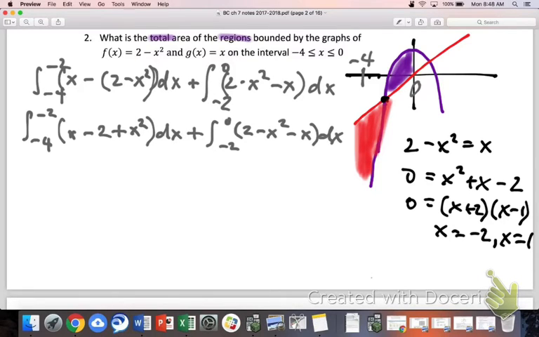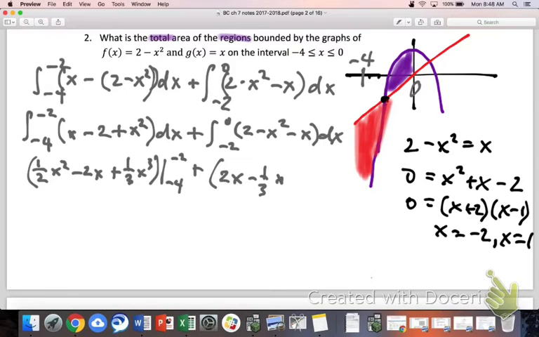I rewrote it a little bit there, but when you do your antiderivatives, we would get 1/2 x squared minus 2x plus 1/3 x cubed, evaluated from -4 to -2, plus 2x minus 1/3 x cubed minus 1/2 x squared, evaluated from -2 to 0.